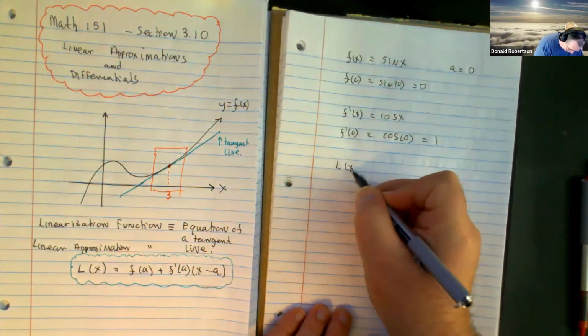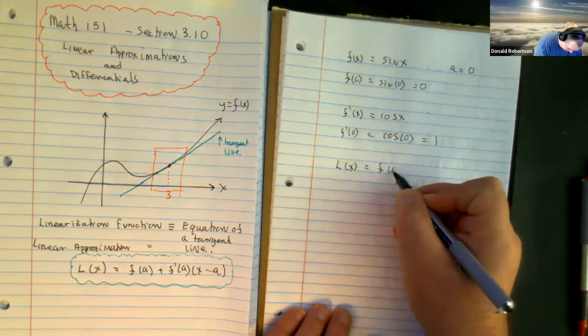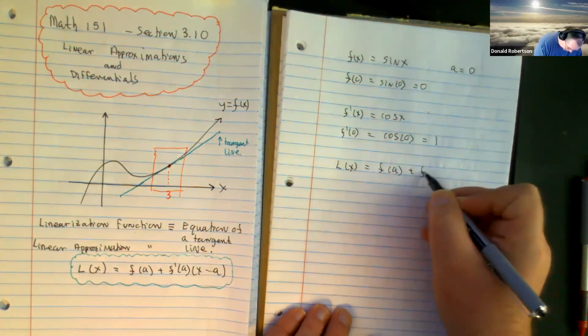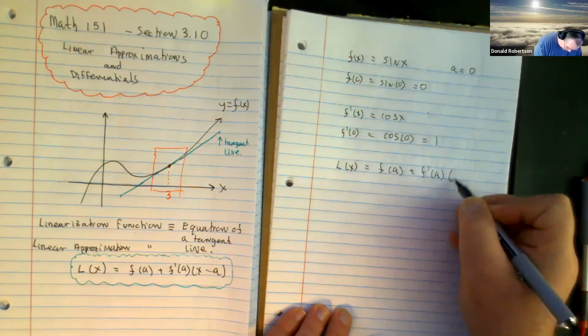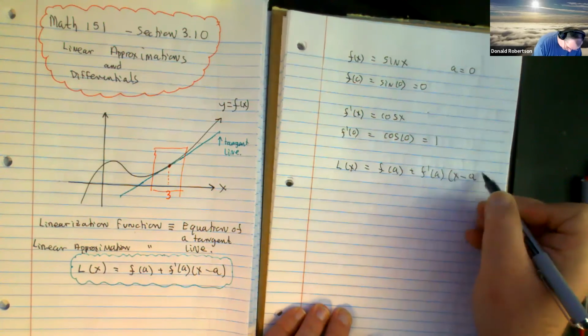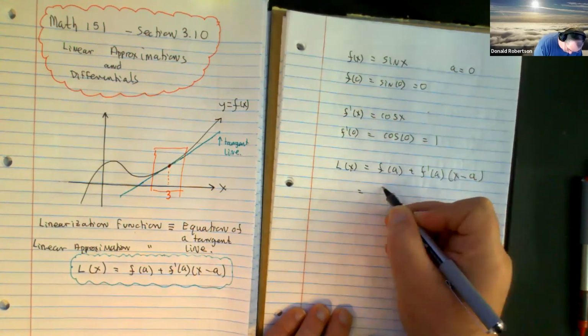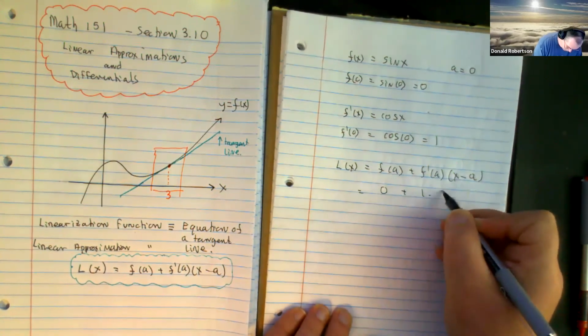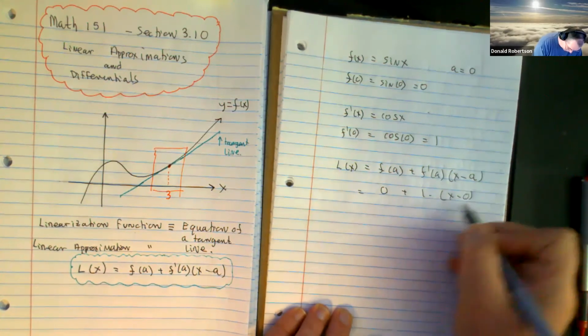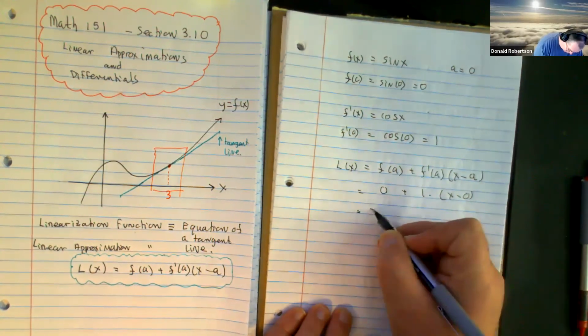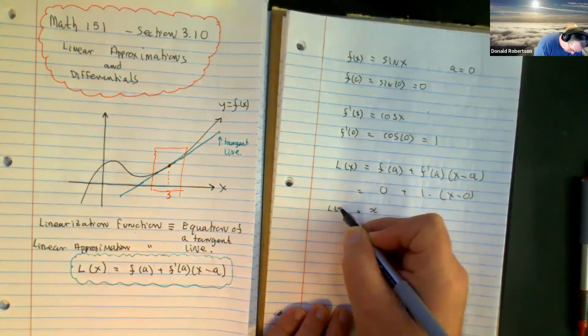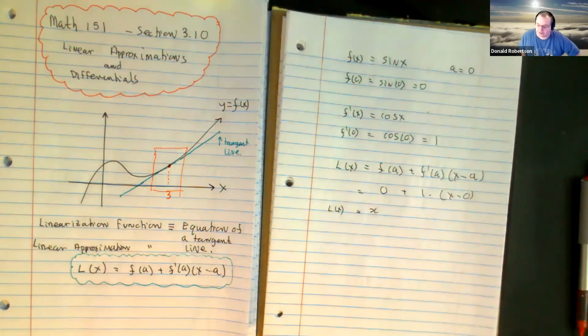The linearization function, f of a plus f dashed of a, x take away a. 0 plus 1 times x minus 0. Wow. The linearization function is really just the straight line y equals x.